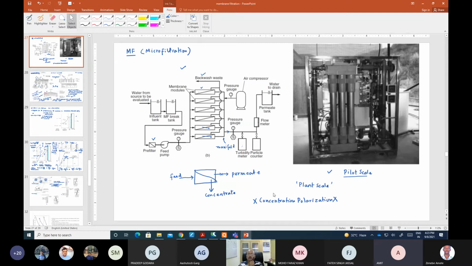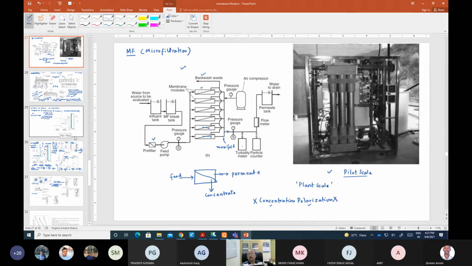Okay, so pilot scale testing is something which I talked about. Normally we do the pilot scale testing, and then we go for the final design, and go for plant scale implementation. One thing is that here you don't have any problem of concentration polarization, because you are just trying to remove the particles in microfiltration, and you are not trying to remove any macromolecules or any colloidal substances.